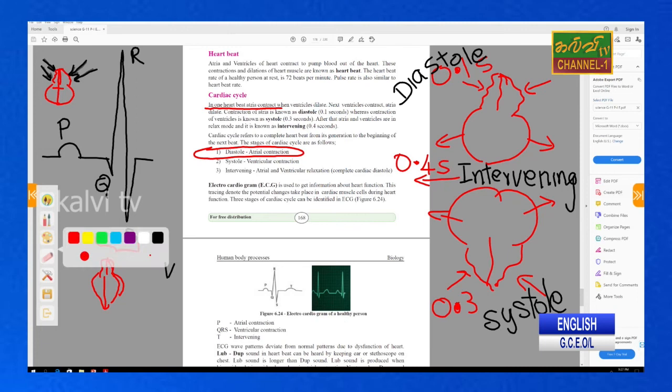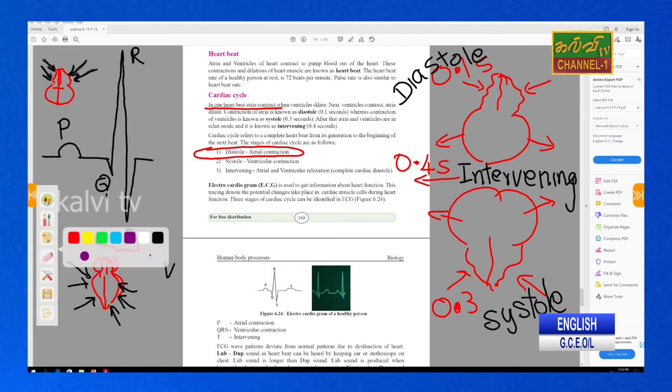At that time the upper part of the chamber is going to become small. That means when the ventricular is going to contract, the atrium is going to become a bigger size. Anyway, QRS is taken for ventricular contraction.